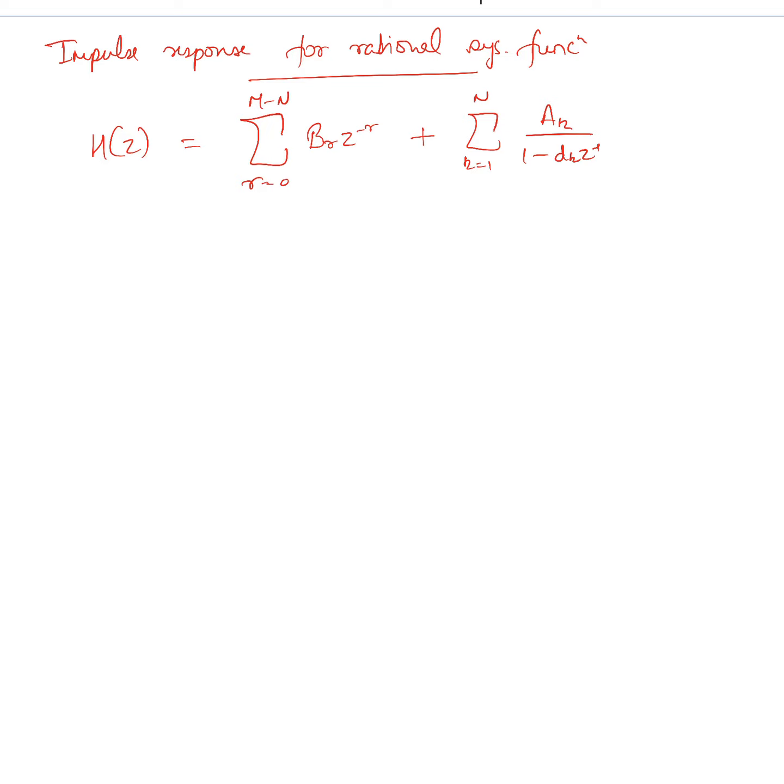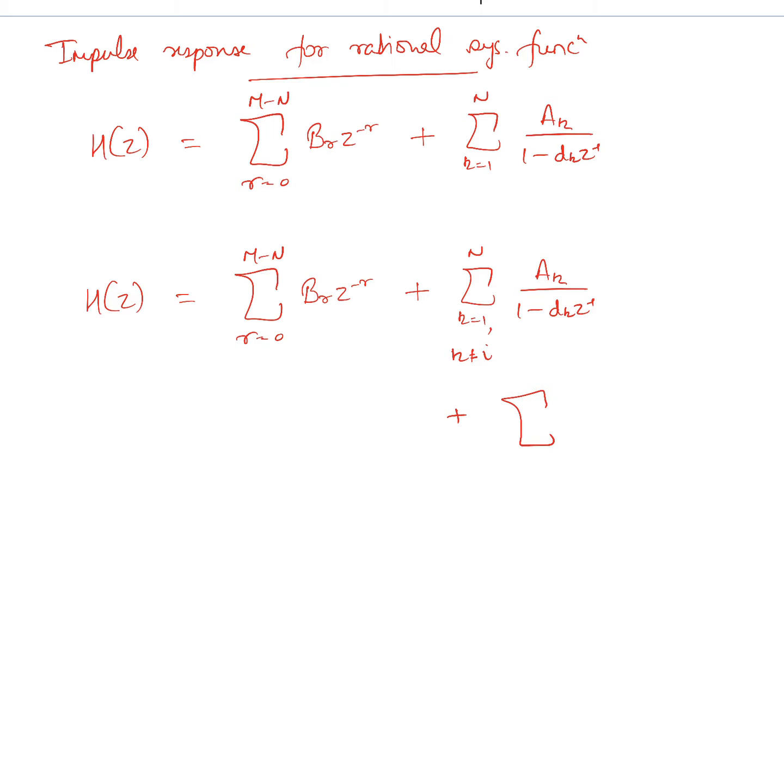For the first order poles, you would have k from 1 to N, k not equal to i, plus some additional term for the multiple order poles, which is from m equal 1 to s, of c_m by (1 minus d_i z inverse) to the power m.